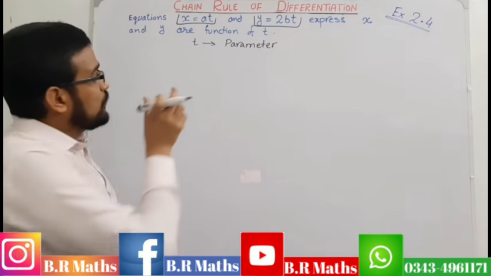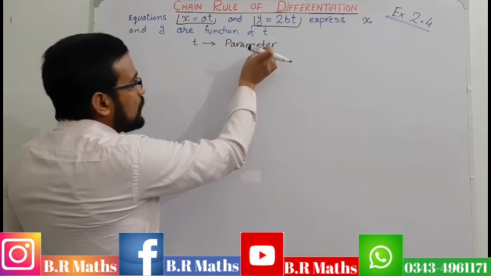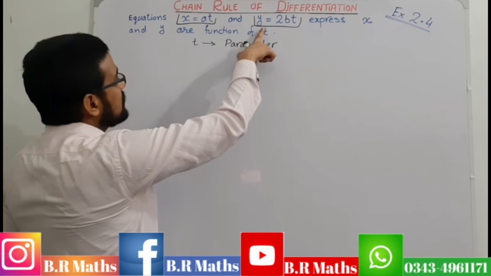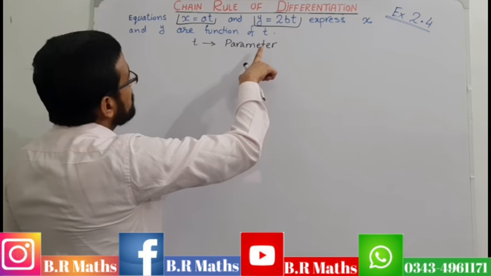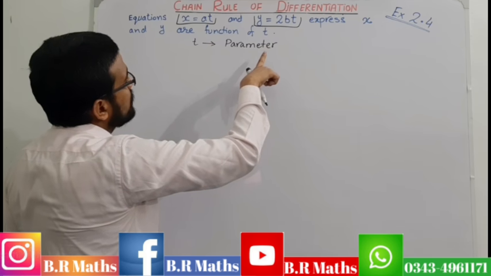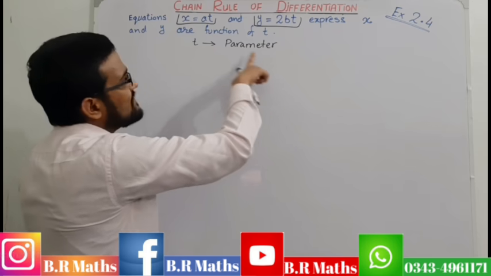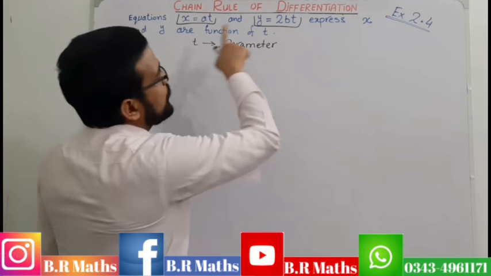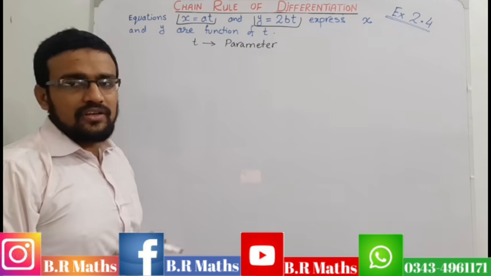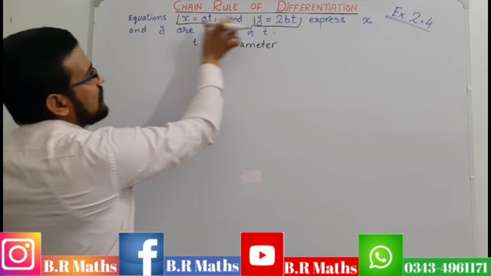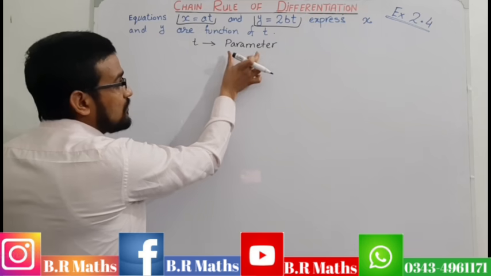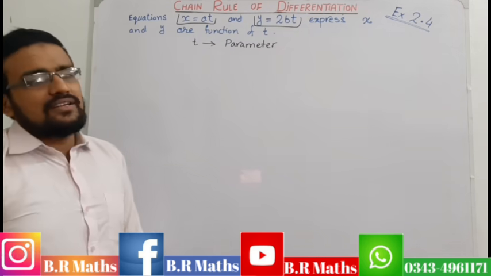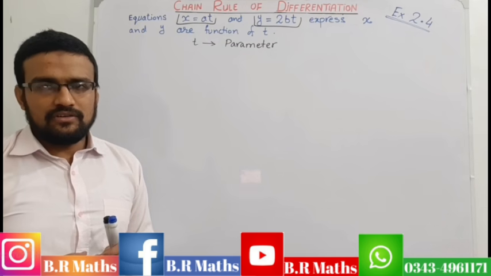Okay, t is a parameter which is involved in both equations. Therefore, for this parameter, these types of equations are called parametric equations.